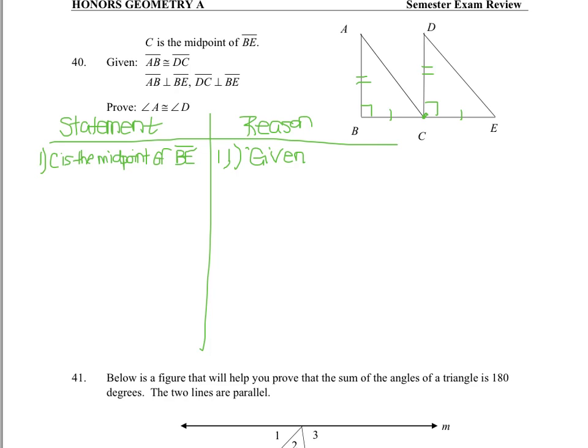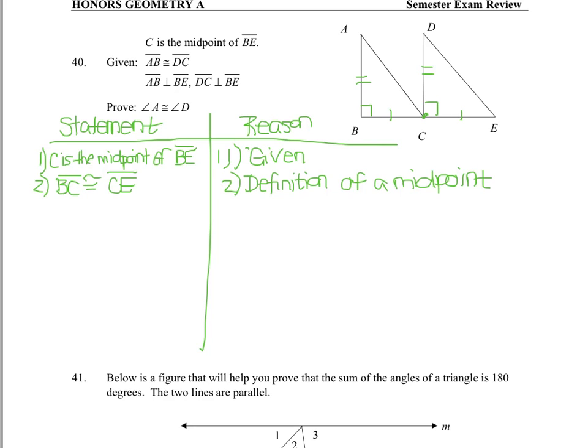What we know from that is that BC must be congruent to CE. And my reason for that is going to be the definition of a midpoint. Because the midpoint of a line bisects that line into two parts.